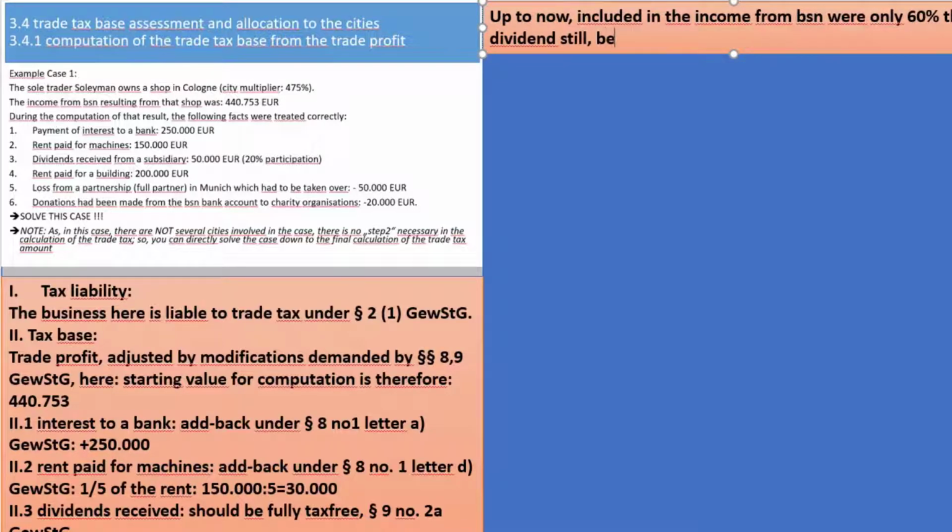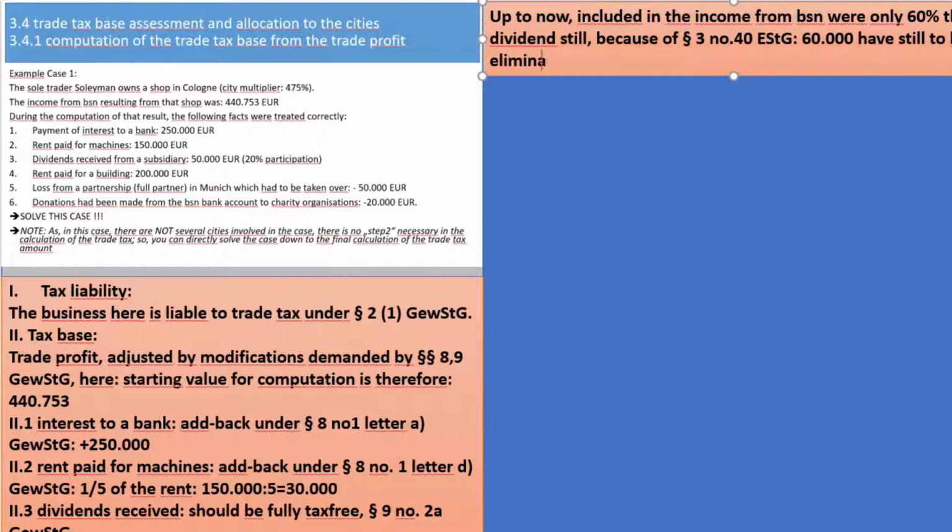Still, because of paragraph 3, number 40 ESTG, so 60,000 have still to be eliminated by minus 60,000 adjustment.